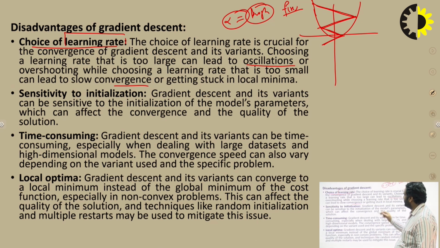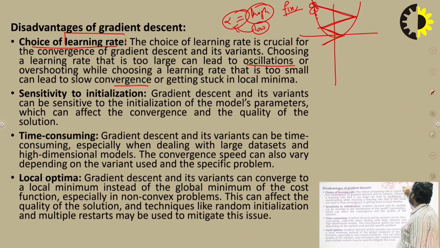In the same way, if we talk about a very low learning rate, this process will become very slow, starting with this, then this, then this, then this, then this.